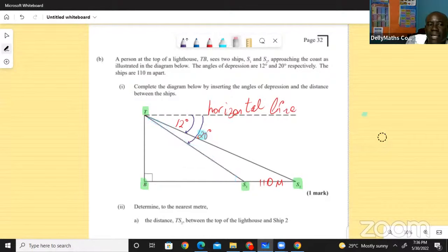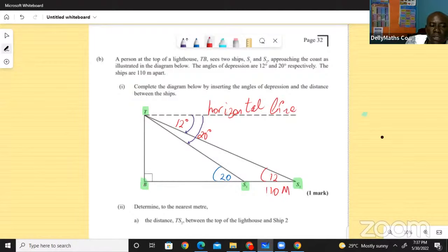So I put the 20 down here as well, and this is for the working now. The 12 will be down here as well. So those are the information that we have, and we want to go forward now in solving.